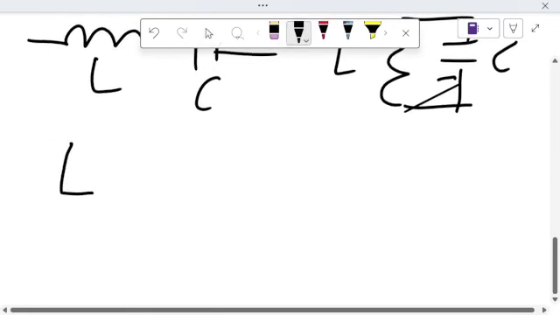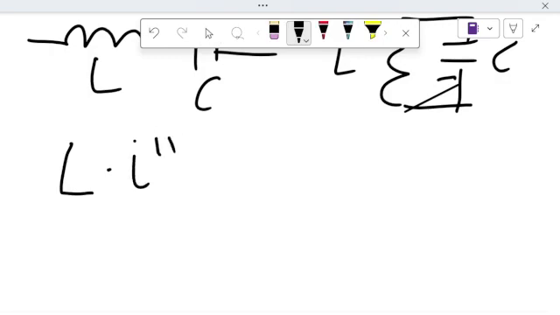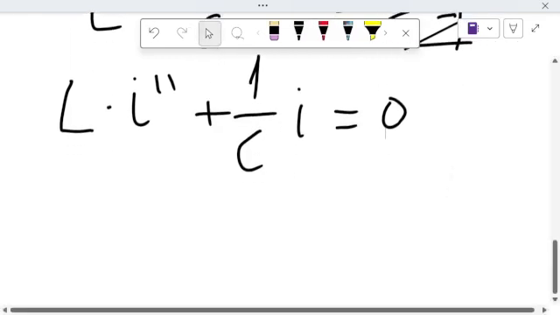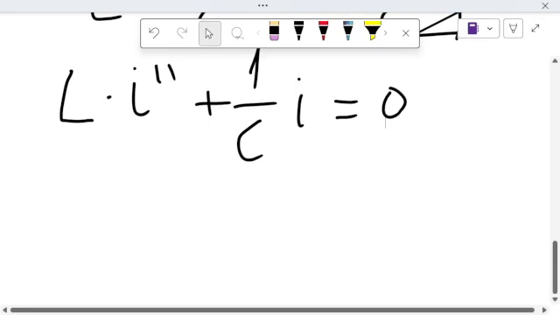There is the second derivative plus something equals 0. But the current is a function of time, and we can write something like this.